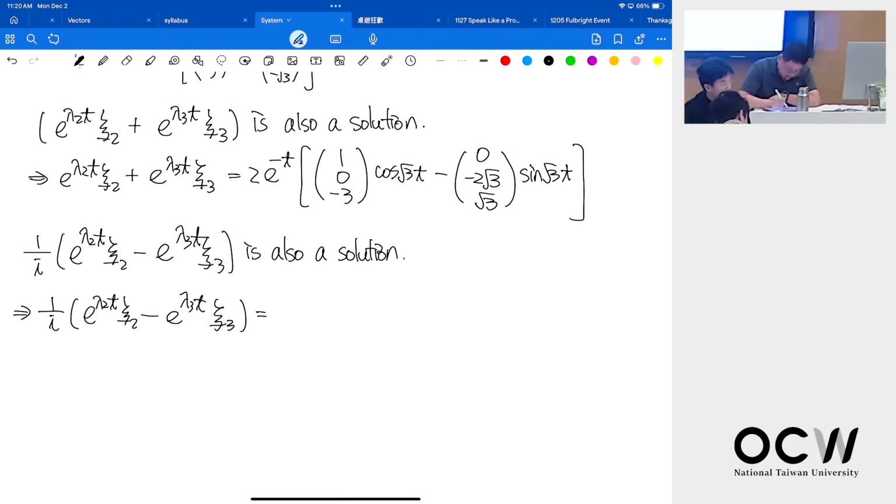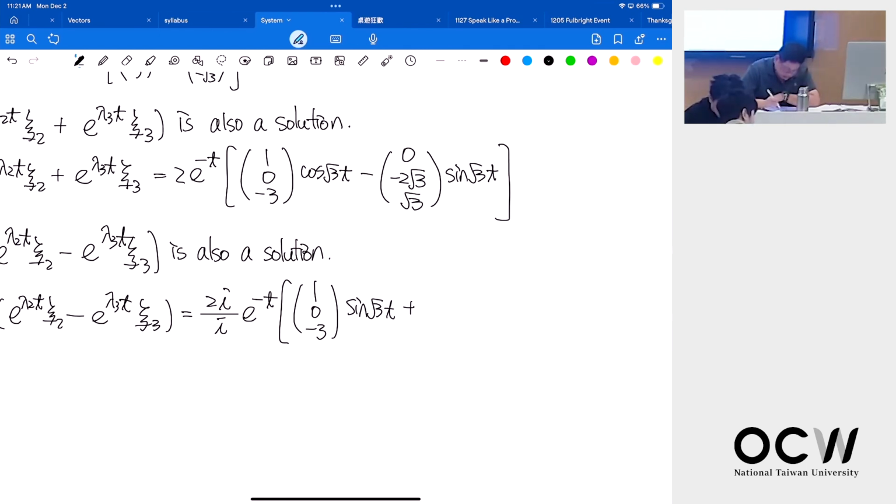So this will be 2i divided by i: e to the minus t times 1, 0, minus 3 sine square root of 3t plus 0 minus 2 square root of 3 times square root of 3 cosine square root of 3t.